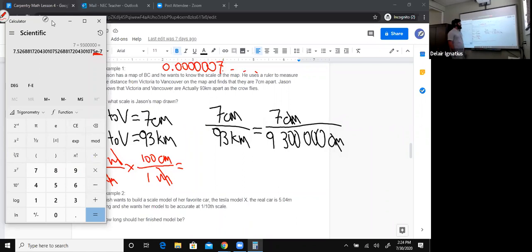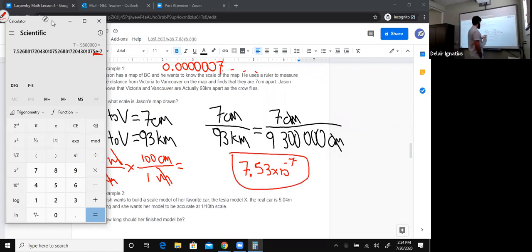So what we write instead is we say that it is 7.53, if I round correctly, times 10 to the negative 7. Okay, so we can write scale like this.